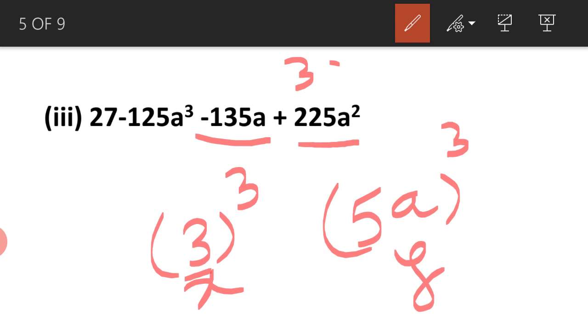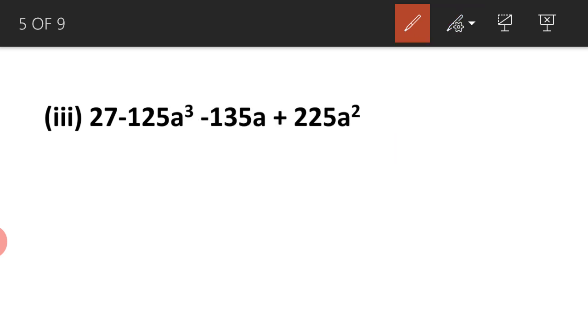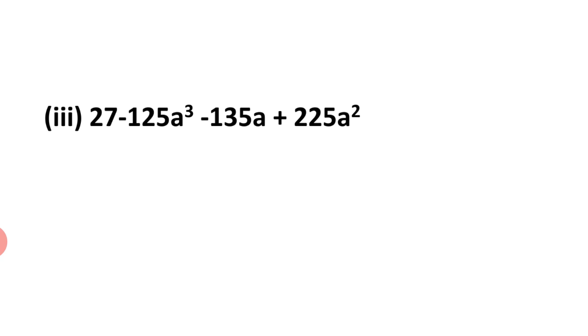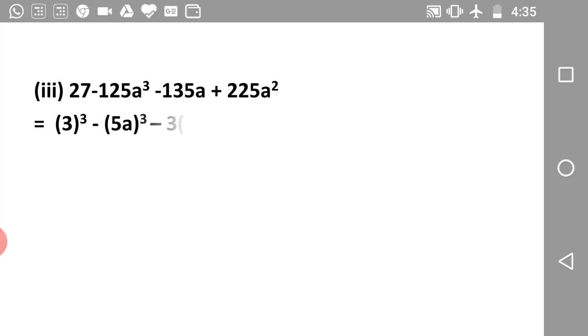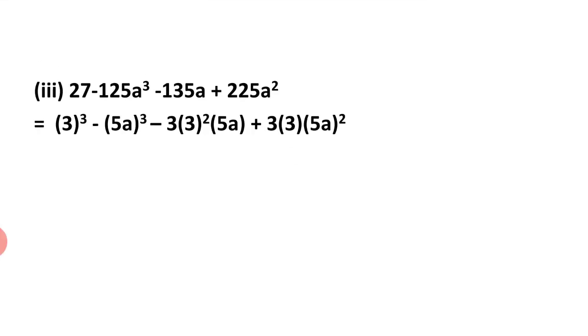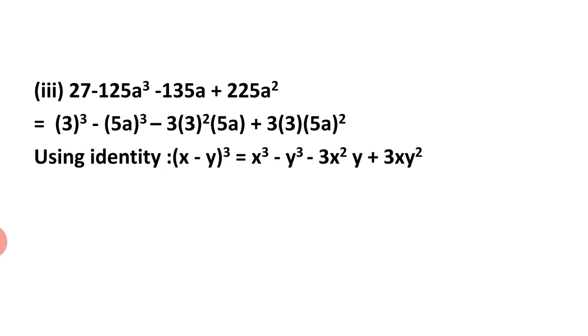So all these mind calculations will help you to identify or select the suitable identity. Getting? So now we write it as 3 cube minus 5a cube minus 3 into 3 square into 5a, and then this. So all these things are done just to verify whether the terms in the given expression are matching with the right hand side of the identity x minus y whole cube.